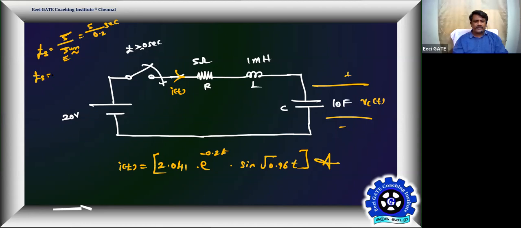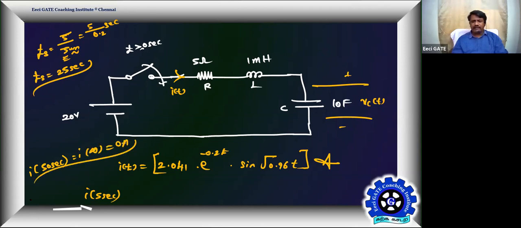So if you want to see any transient, look within this period. So find out I of 5 seconds. That's really a transient. And if I say 50 seconds, that is equal to I of infinity and current will be equal to 0. Getting everyone? Because it is at steady state. Following?